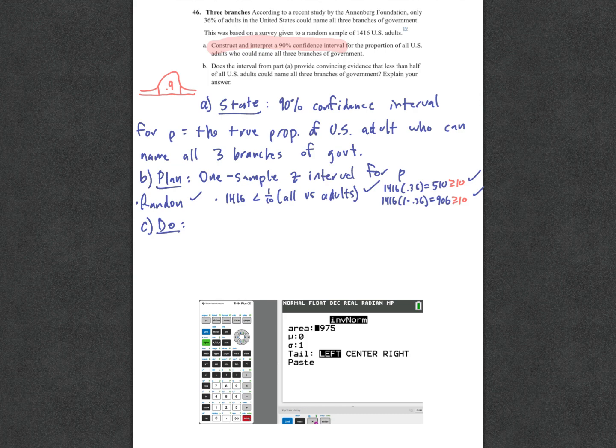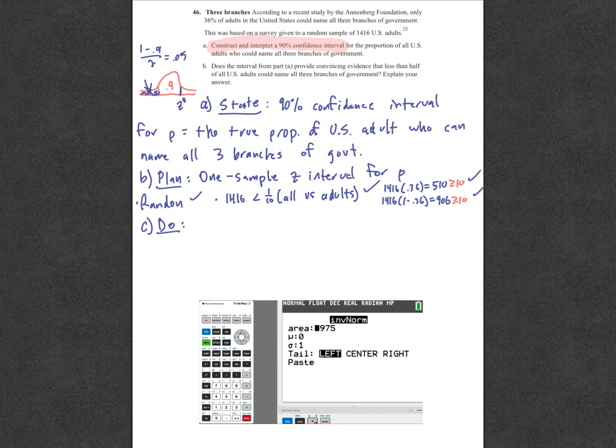We really want to figure out what this little area is here so that we can add it to 0.9, and that'll be what's to the left of this Z star. All you do is 1 minus 0.9 divided by 2. So 1 minus 0.9 is 0.1, divided by 2 is 0.05.